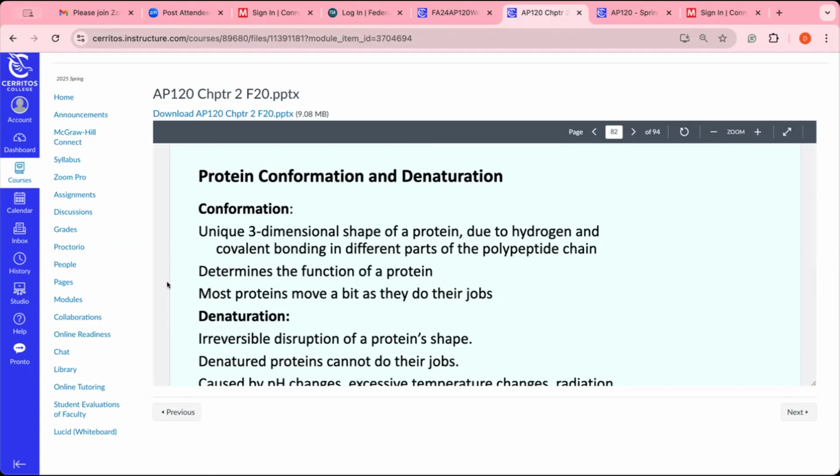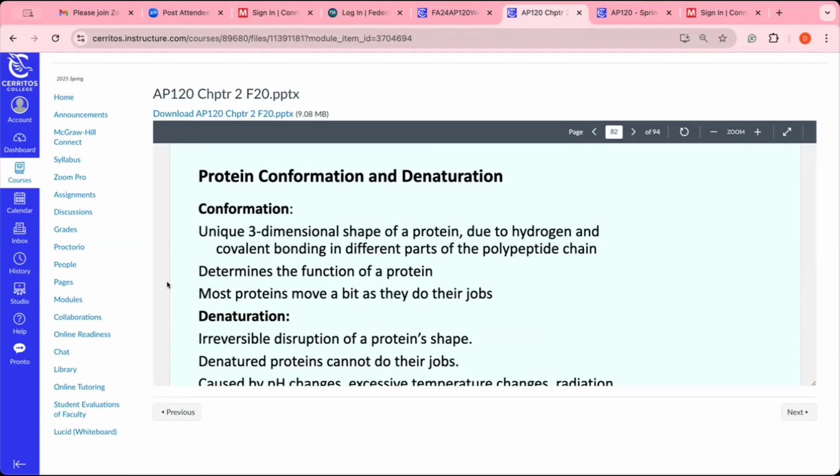Denaturation is irreversible disruption of a protein shape. So one way to denature protein is with radiation. People who have chemotherapy, for example, that involves a lot of radiation, suffer from a lot of denatured proteins. Now, some of those proteins are feeding the cancer cells. Some of those are healthy proteins, and some of that denaturation can't be reversed.